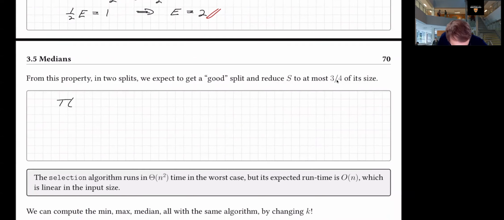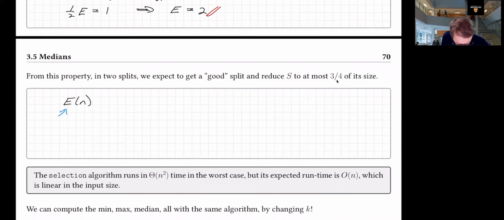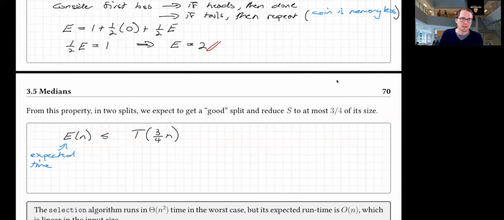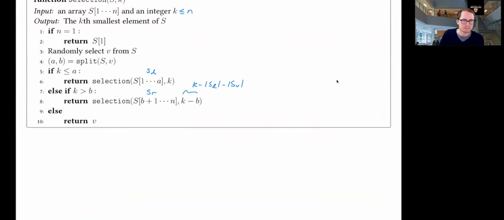So we get then that Tn, in fact, why don't I write it as the expected time on an array of size n. This expected time is less than or equal to... when I make a recursive call, let's just look back at our algorithm.